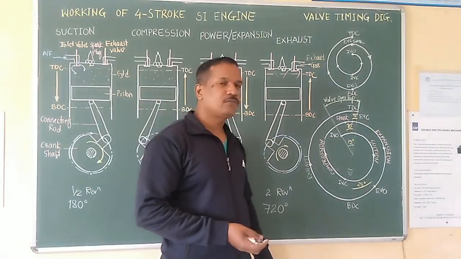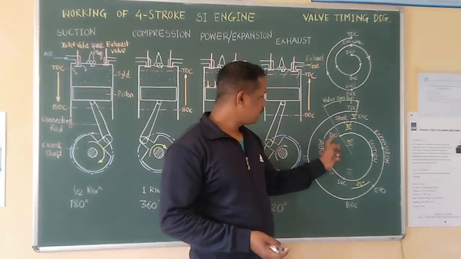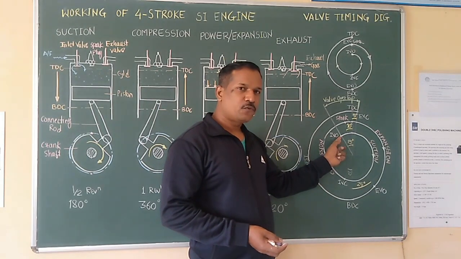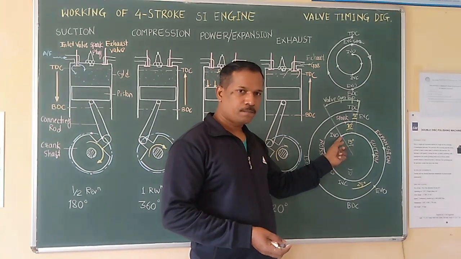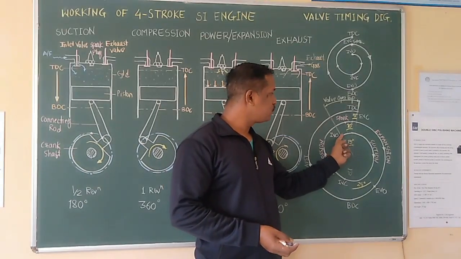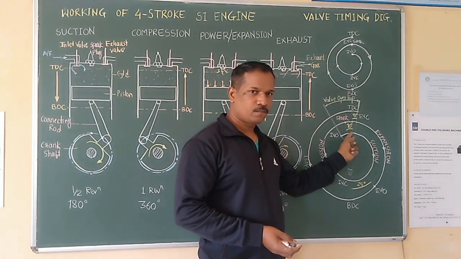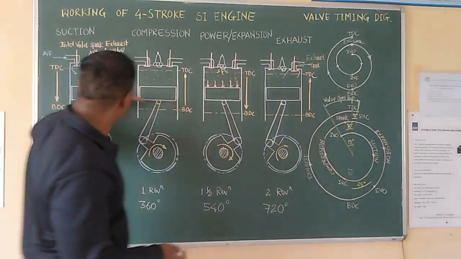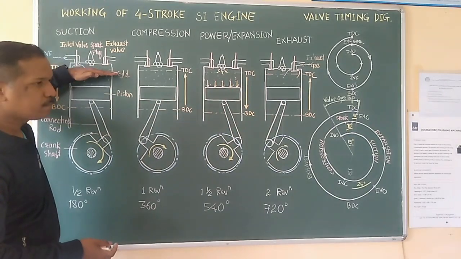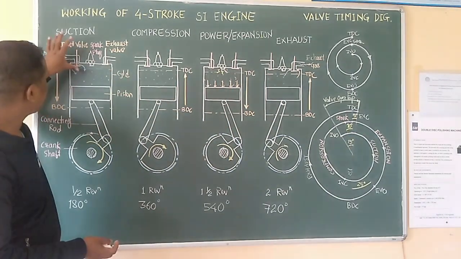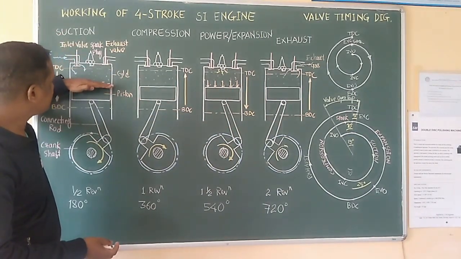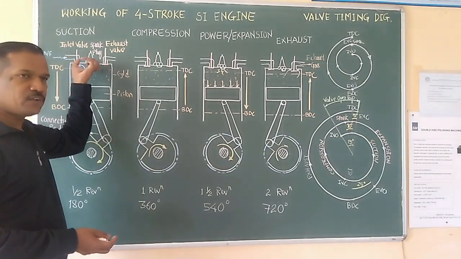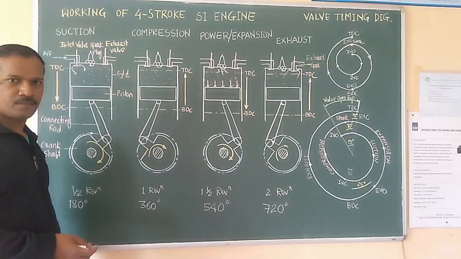Now a very common question is asked. The valve is open 15 degrees before TDC here, and we are saying the piston is still moving toward TDC. If the piston is still moving toward TDC, even though the inlet valve is open, how does the fresh air fuel mixture get sucked inside?